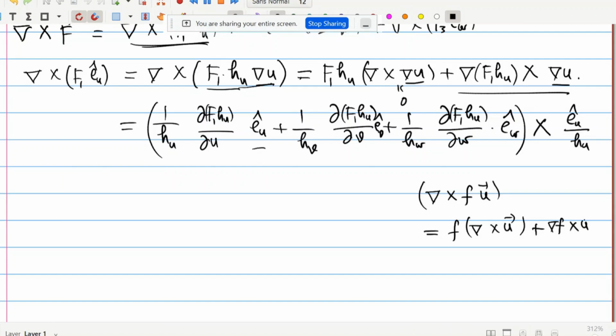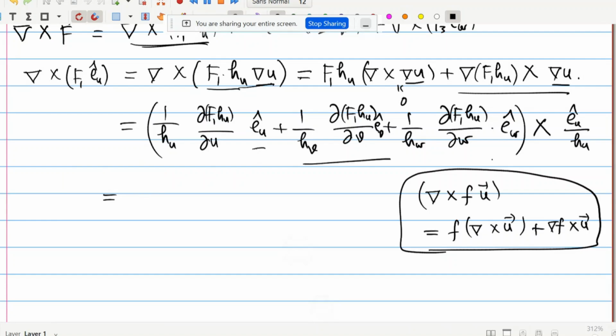Yes, sir, chain rule. This is what I use here. Now EU cross EU is anyway zero, they are parallel. So you will end up with only these two terms.